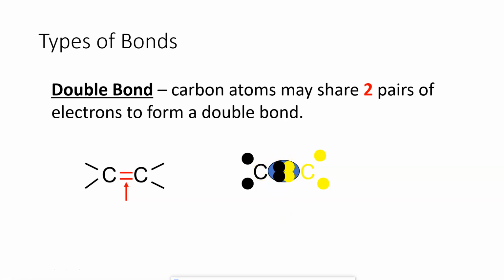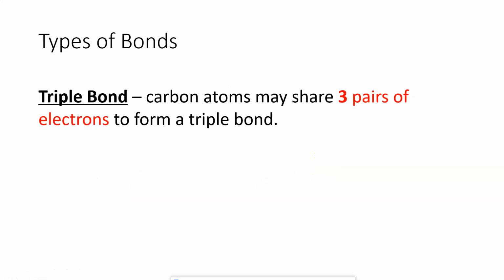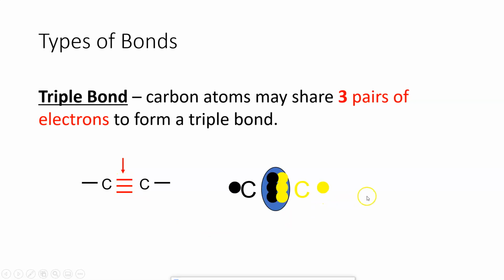And the last possibility is the triple bond. At this point, I guess you guys know that there are 3 pairs of electrons for a total of 6 electrons forming that triple bond. So in each one of these bonds, there are 2 electrons for a total of 6, right? Okay.